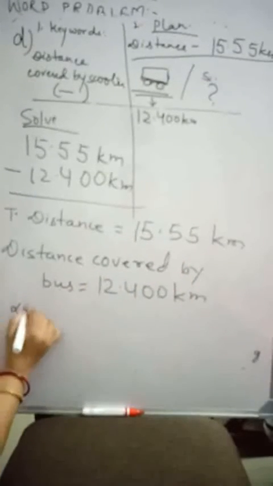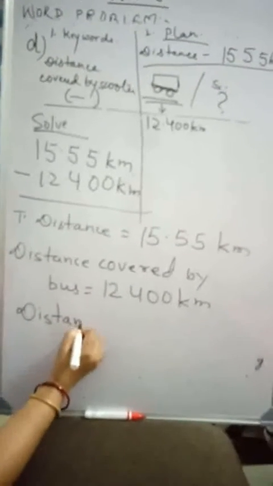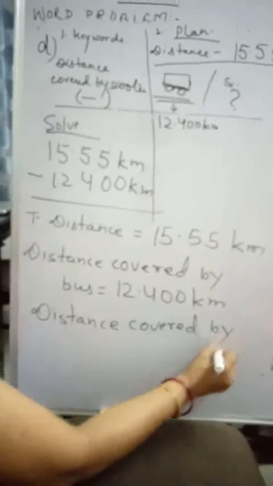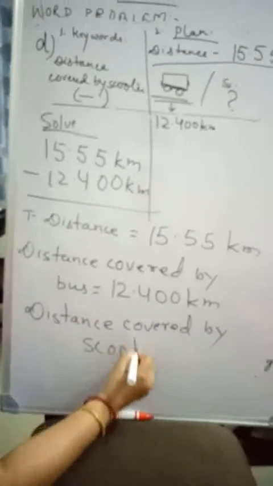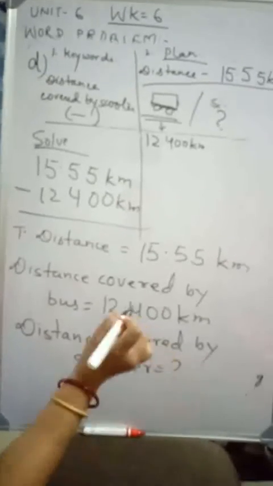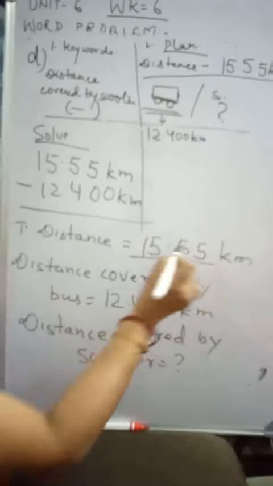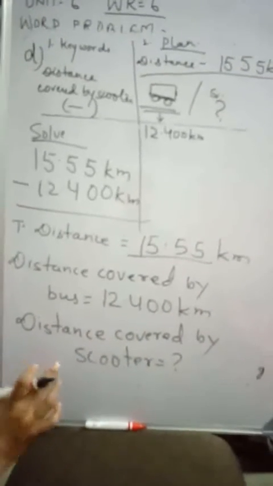So you have to find out distance covered by scooter is equal to what? So what you will do, you have to subtract 12.400 from 15.55 kilometer, right?